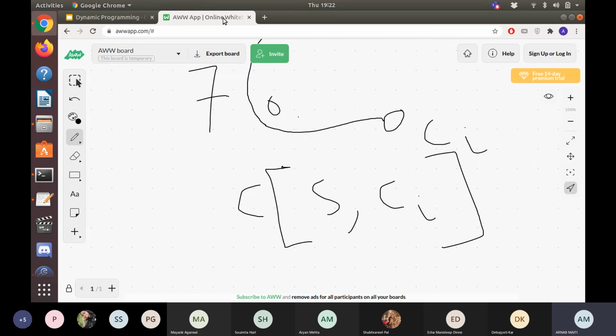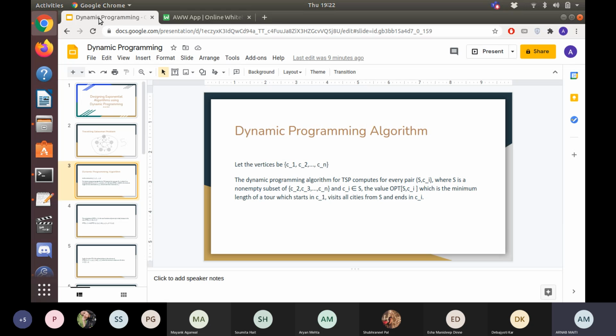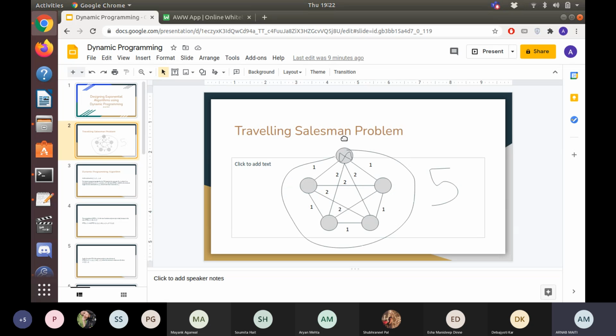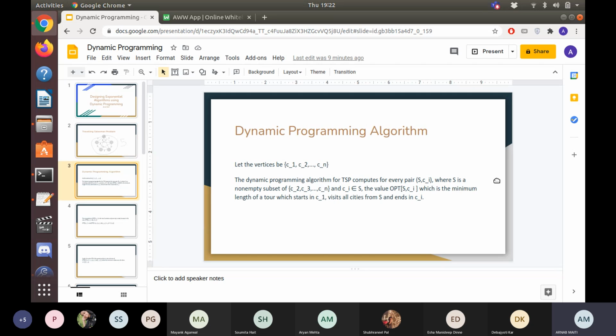Could someone tell how we can solve the traveling salesman problem if we suppose we found all the values of this particular table here, OPT(S, Ci)?